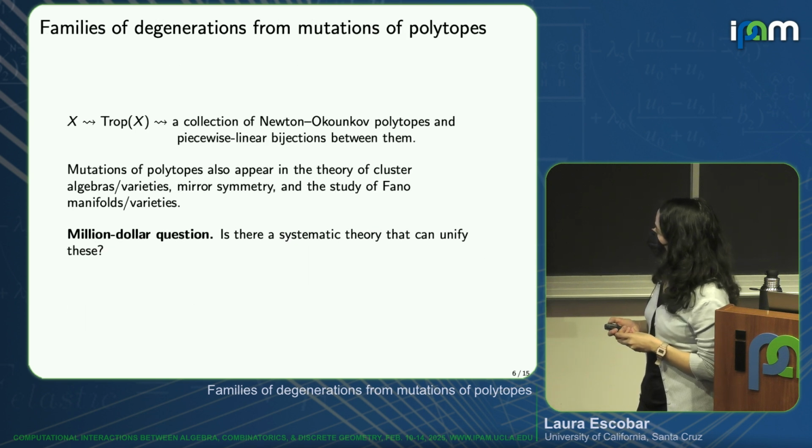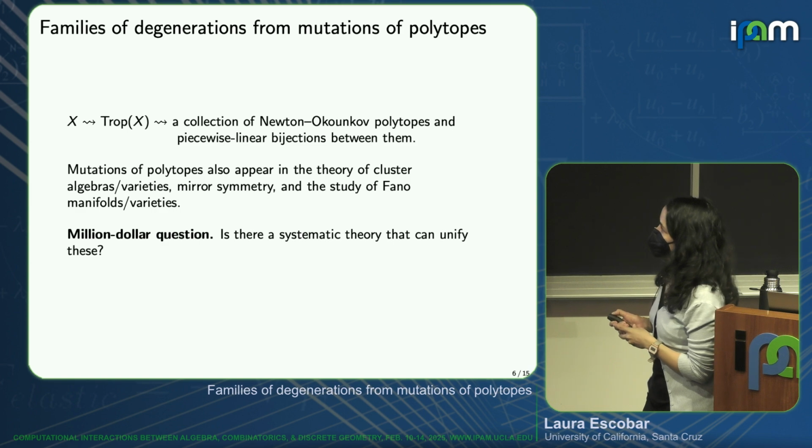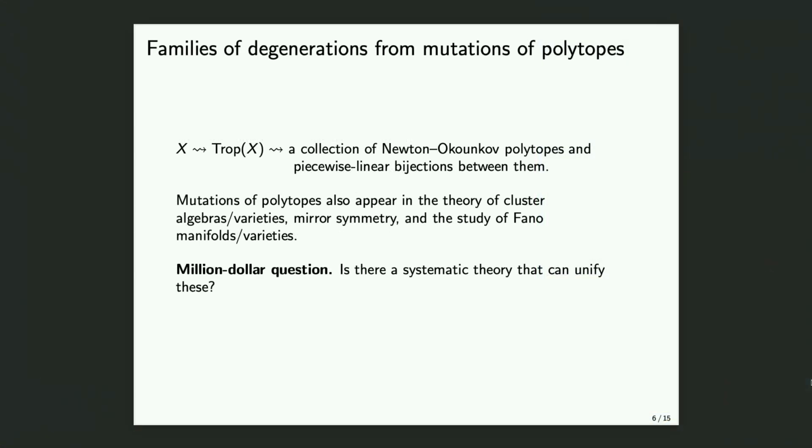So this is a summary of what I've said so far. If you start with a variety and you tropicalize it, then my work with Megumi, anchored on the work by Manon and Kaveh, builds a collection of Newton-Okounkov polytopes and piecewise linear bijections between them, so mutations between them.